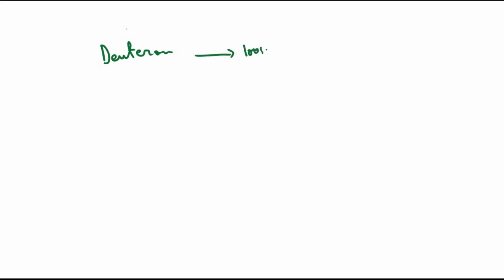Very loosely bound. Its average binding energy is very much lesser than your 8 MeV. That is the average value between pair of nuclei for all stable nuclei. Okay. How much is this?